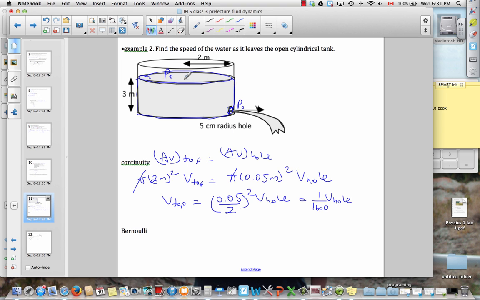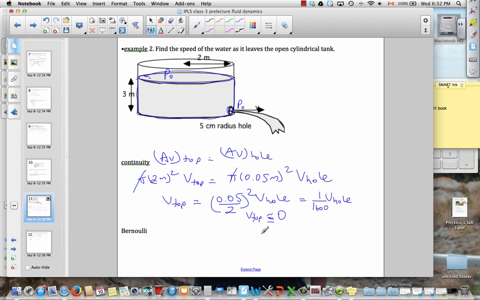We're going to say that the fluid flow speed on the really big area is about 0. We're going to take it to be 0. That only works when you've got a big difference in areas. And if you think about it, this is kind of like a bathtub. When you pull the plug on a bathtub, the water goes really quickly down the drain, but the level in the tub moves a lot more slowly.